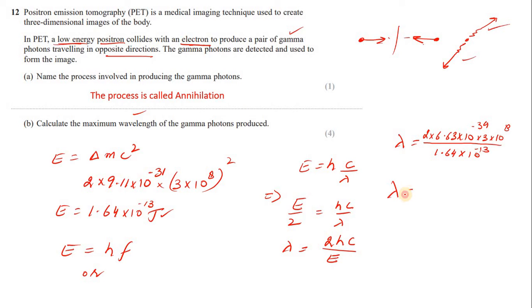So lambda, or the wavelength, will be 2.42 into 10 to the power minus 12 meter. That's how you can find the wavelength.